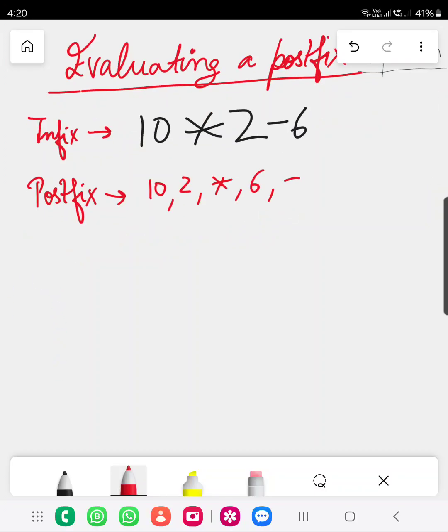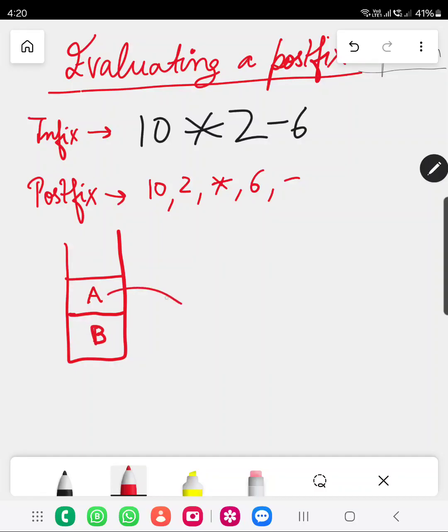And now comes evaluating the postfix expression. So we use a stack to evaluate the postfix expression. The algorithm is, if you have an operand, add it to the stack, and if you have an operator, remove the top two elements from the stack in such a way that A is the top element and B is the second top element.